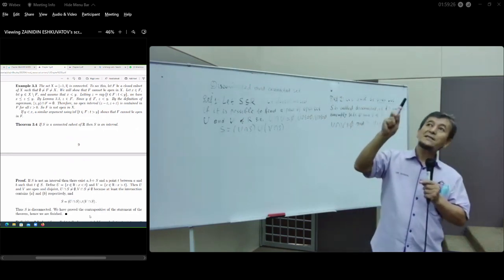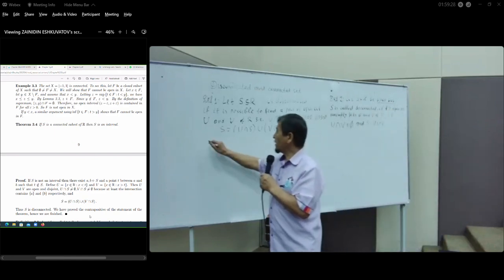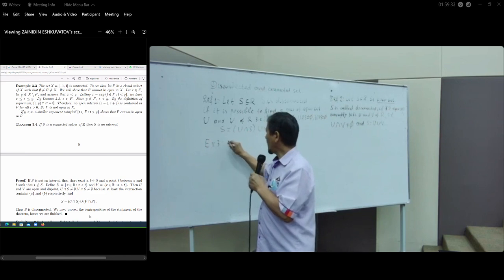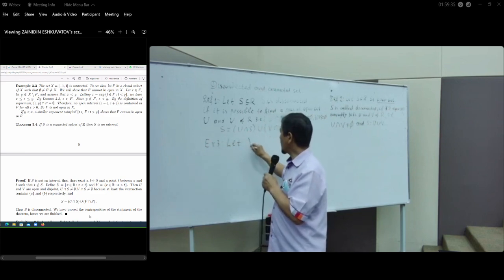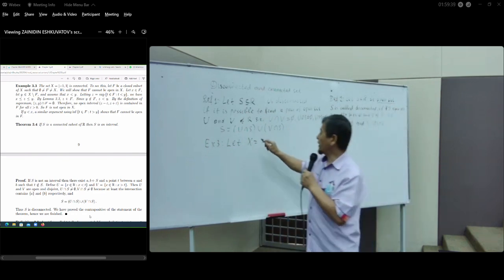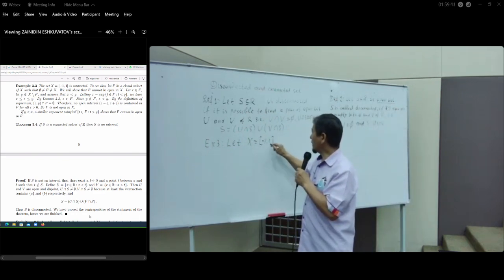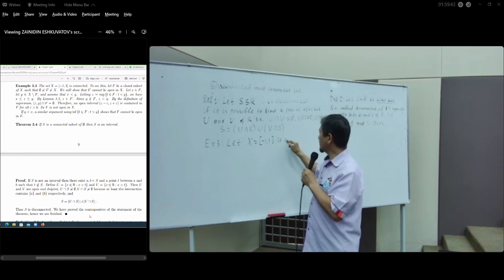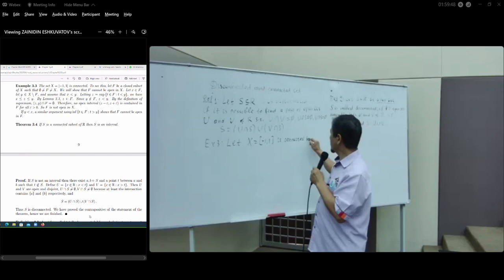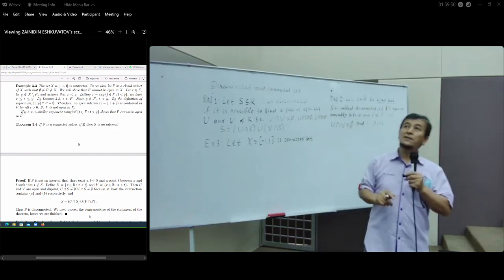Let X be a connected set, example 3. For example, choose minus 1, 1. Minus 1, 1 is a connected set.